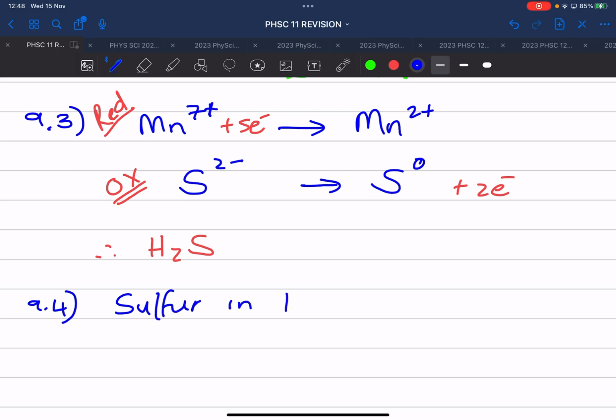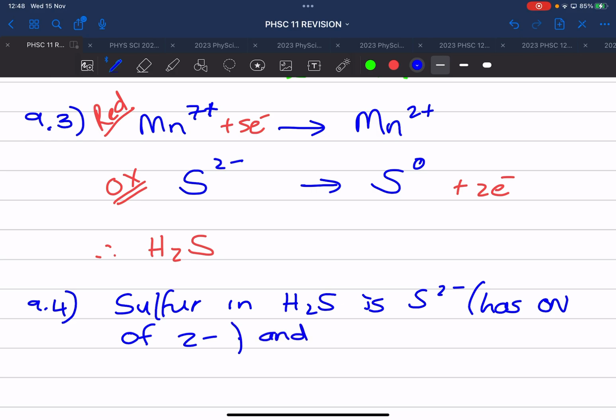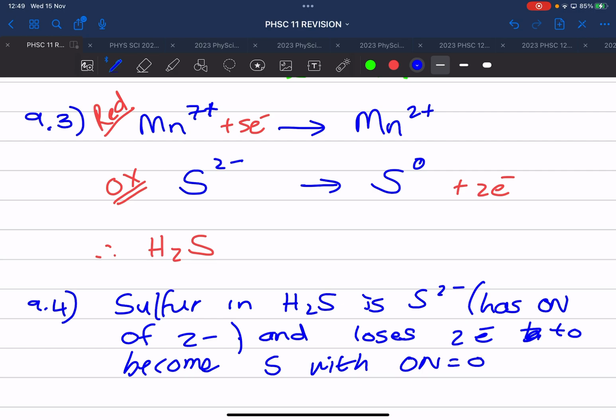Sulfur in hydrogen sulfide has an oxidation number of 2 minus, and loses 2 electrons to become, ek gaan nou in Afrikaans sê, sulfur with oxidation number 0.